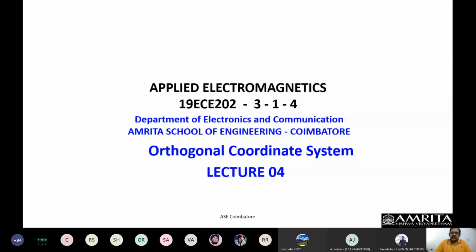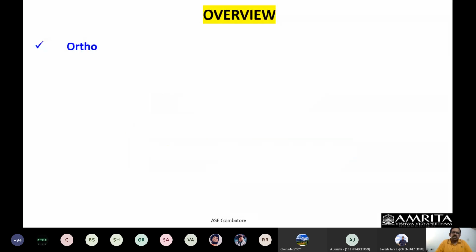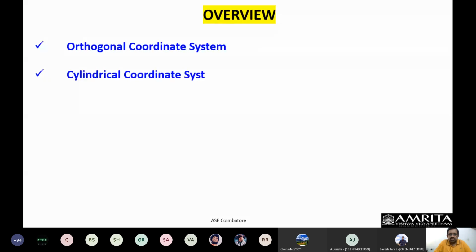To begin with, we will first talk about what an orthogonal coordinate system is, and why it is essential to learn about it in the context of electromagnetics. Then we will talk in particular about the cylindrical coordinate system.